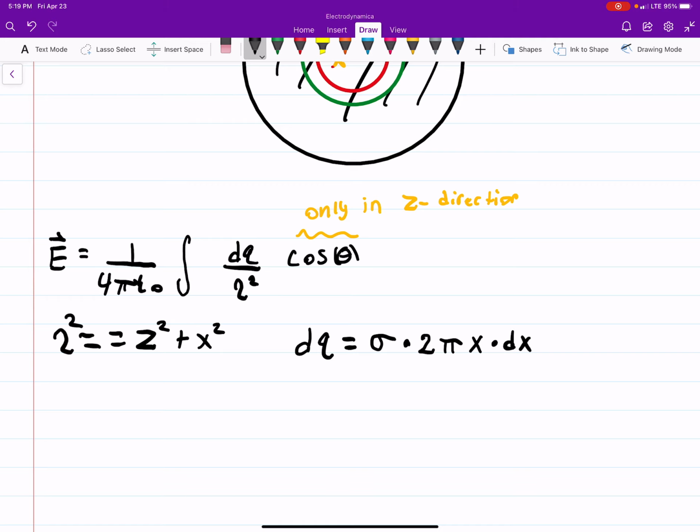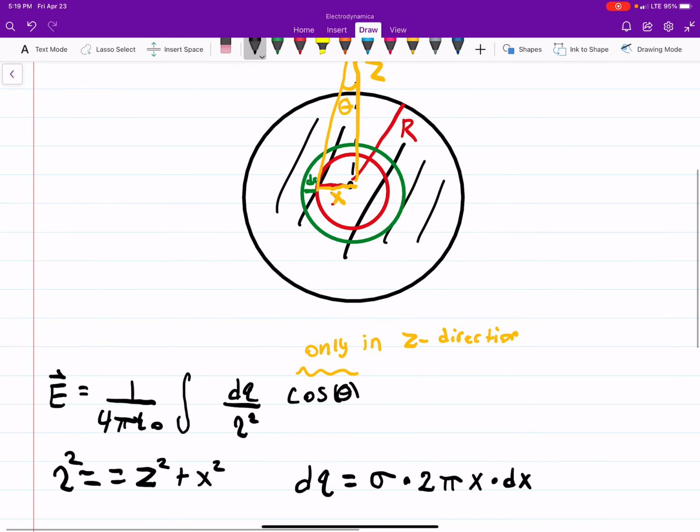If we look at the units, sigma is charge per area, and 2 pi x dx gives us our area, so we end up getting our charge back. We're using x instead of R because x is just how far into the circle we're going. Capital R represents the entirety of the circle, but we want to count all these little rings gradually getting bigger and bigger until we reach the circumference.